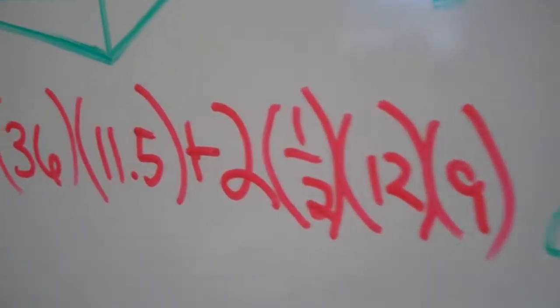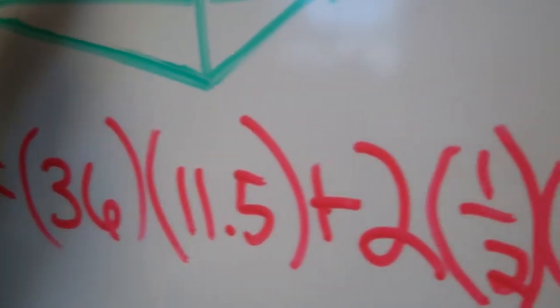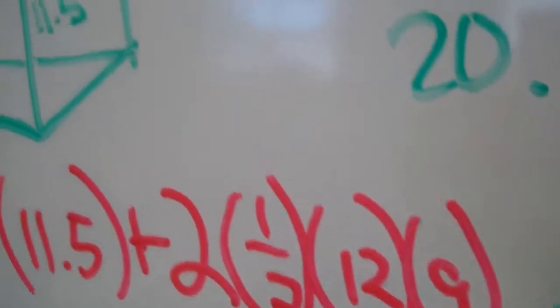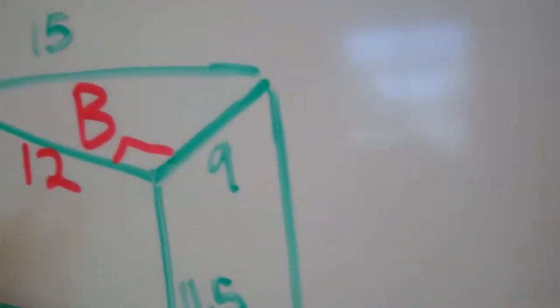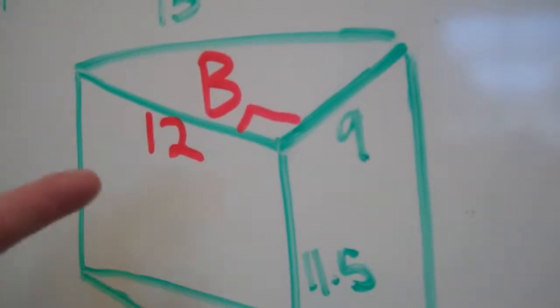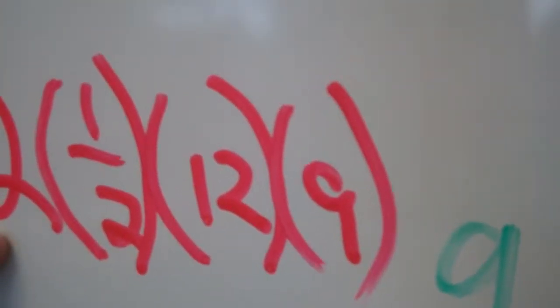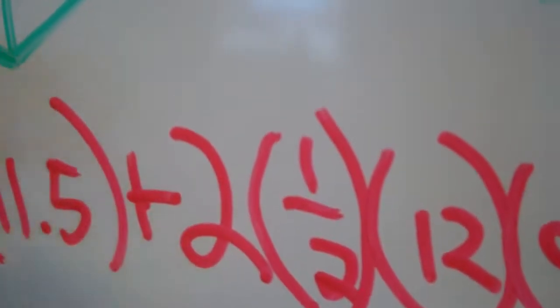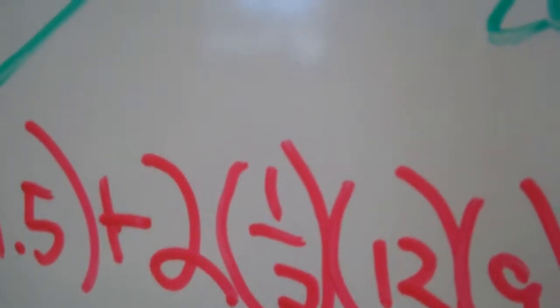You have to have base and height at right angles to each other, so I use the 9 and 12. I can't just use any of those. The base and height are the sides at right angles to each other. So I did 1/2 times 12 times 9. And that 2 is because there's 2 of them, top and bottom.